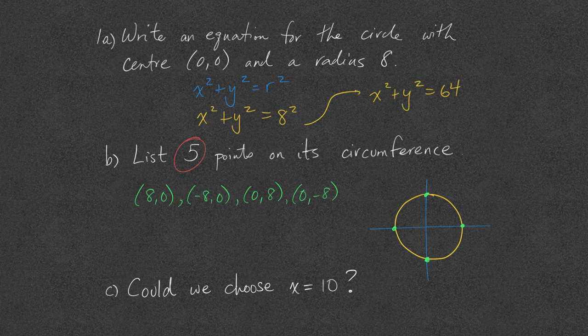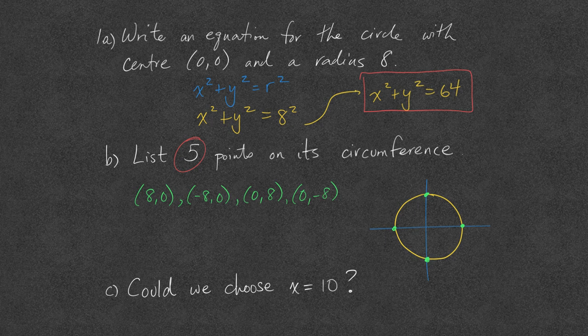So how can we go about finding our 5th point? Well, I want you to take a look back up in A. Because remember, what I just boxed in, that is the equation of the circle. That is the equation that represents all of the points that lie on that gold circle.